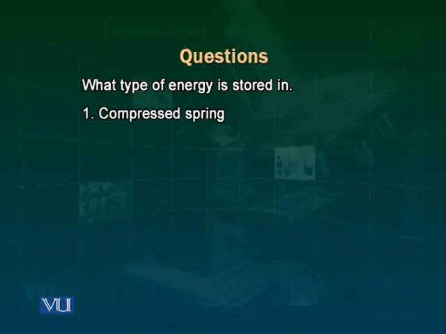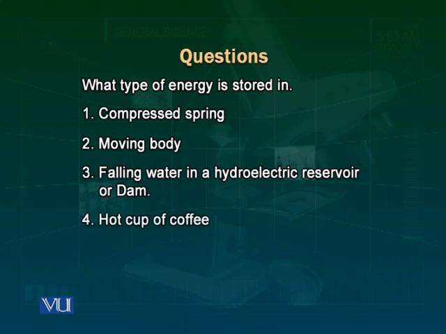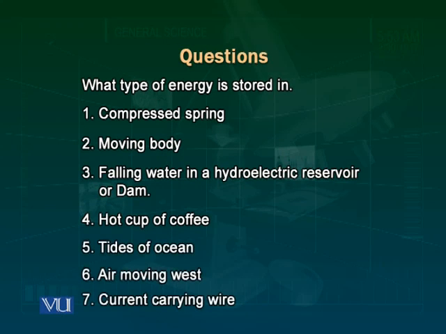Now let us look at some other examples and see what type of energy is stored in different systems. What type of energy, for example, is stored in a compressed spring, a moving body, falling water, a hot cup of coffee, etc.? Let us look at these cases one by one. Now, if I have a spring, it is stretched.